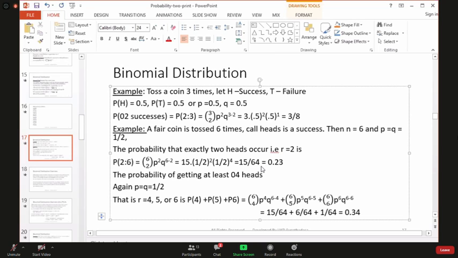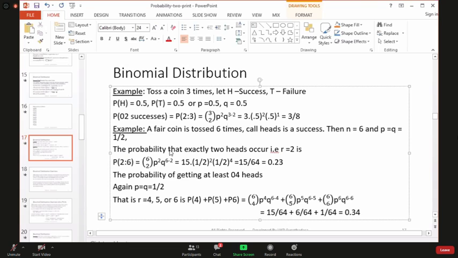Now this is very interesting. The possible different outcomes, how many? 15 outcomes are there to get exactly two heads, which means the others are T. See?